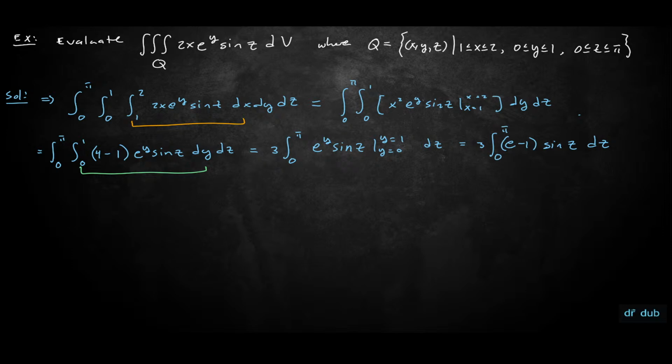And e minus 1 is a constant, so I can say that's 3 times e minus 1 times the integral from 0 to pi of sine of z dz. And so that's 3 times e minus 1 times, the antiderivative of sine is negative cosine of z, from z equals 0 to z equals pi.